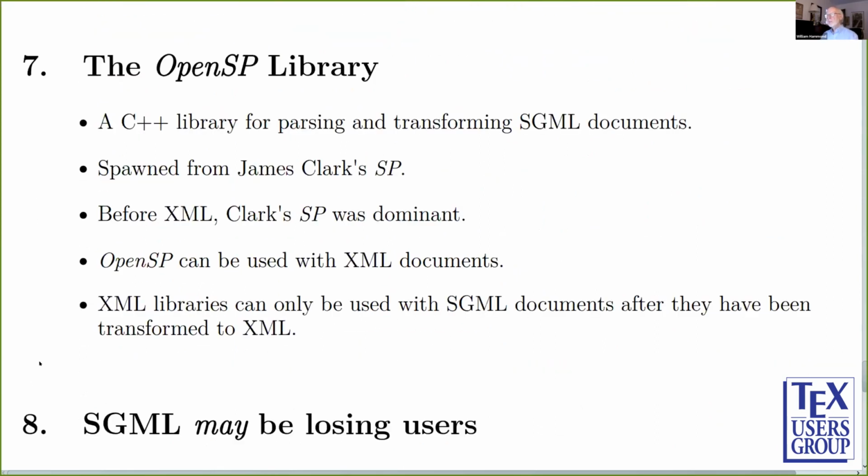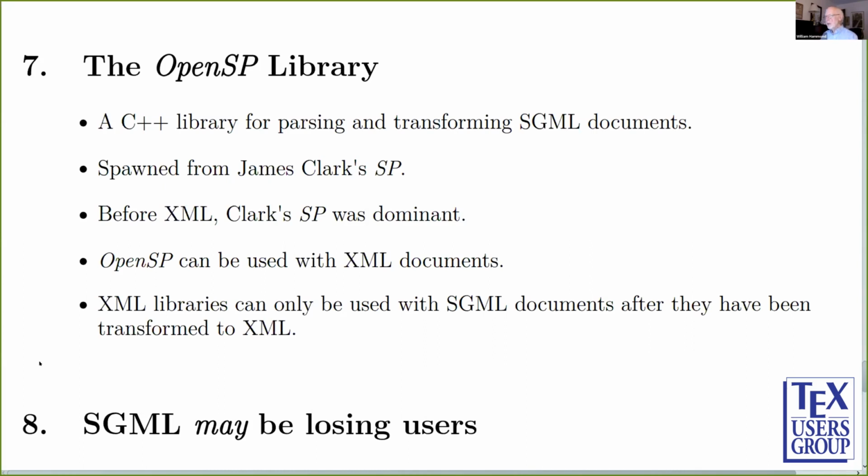The OpenSP library, to my knowledge, was the most important processing tool for handling SGML, not from the earliest days of SGML, but certainly for the last 10 years before XML sort of took over what was happening in public.